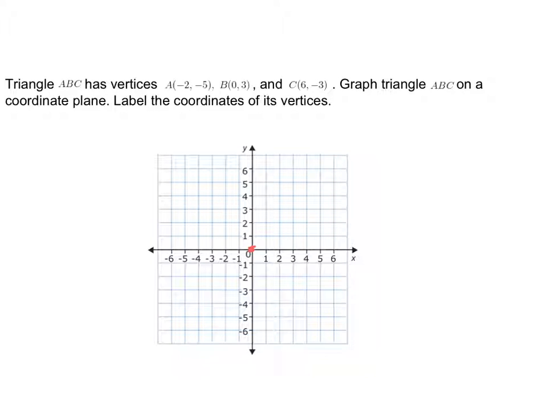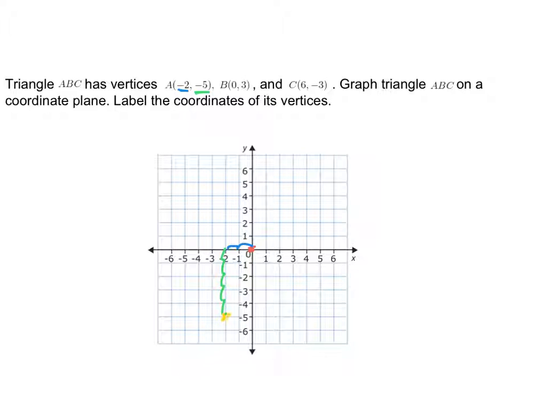Now we're going to be plotting 3 points on the coordinate graph. We've got triangle ABC, and they give us the vertices, or the corners. We're going to plot all 3 of these, starting with A. We always start at the origin at (0, 0), right in the middle. Our x-coordinate for A is -2, so we go left 2. The y-coordinate is -5, so we go down 5: 1, 2, 3, 4, 5.